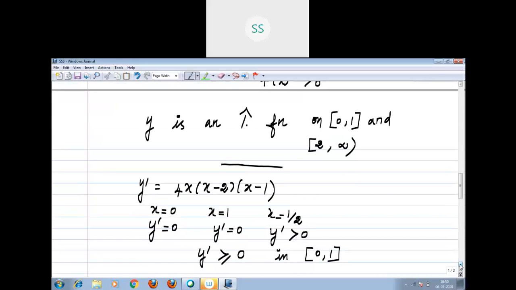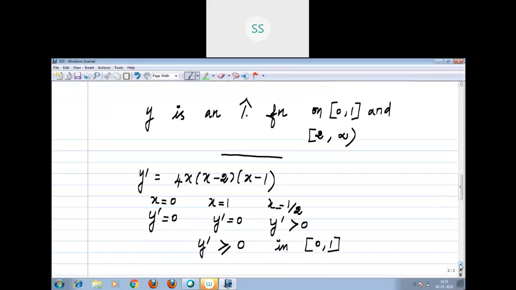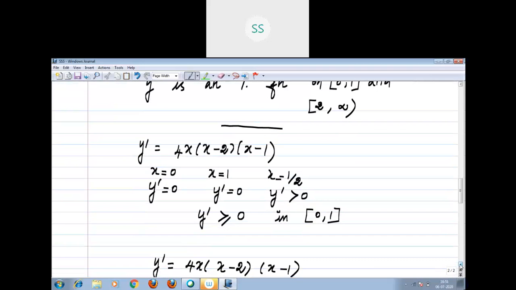In between, if you select a value, your y dash is greater than 0. You compare the things, you arrive at y dash greater than or equal to 0. That means it is increasing, right? The function is increasing in the closed interval.